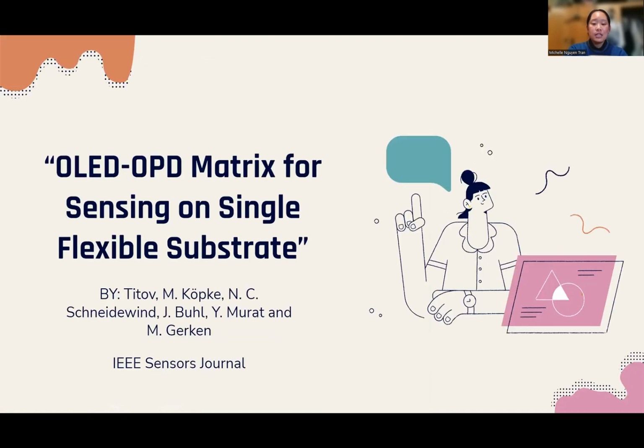As such, studies of an OLED OPD matrix for sensing on a single flexible substrate postulated that combining these two types of technologies together would maximize its effectiveness and cost-saving manufacturing processes, making it a promising alternative to conventional semiconductors in the field of flexible multiplex sensor electronics.